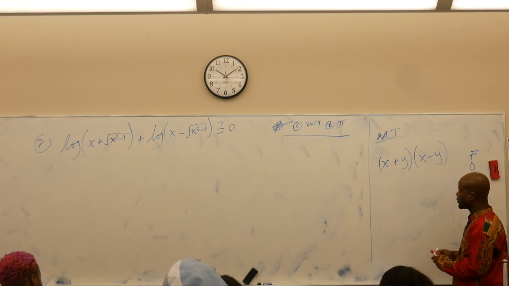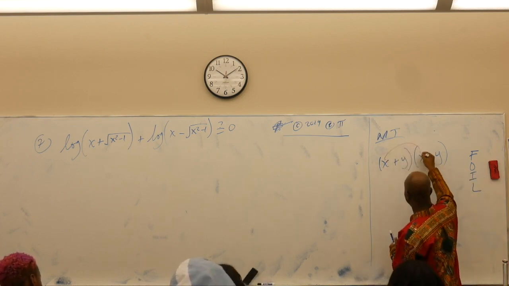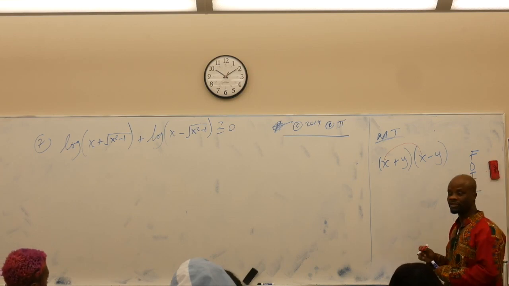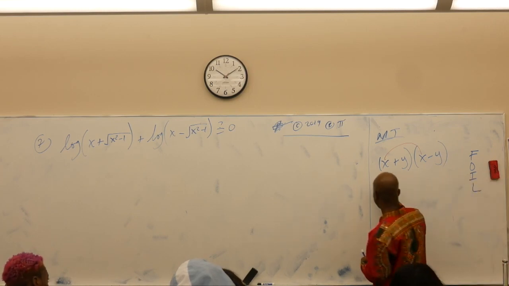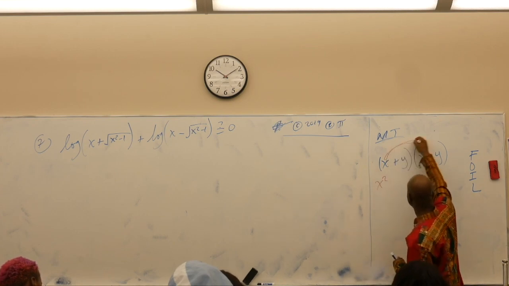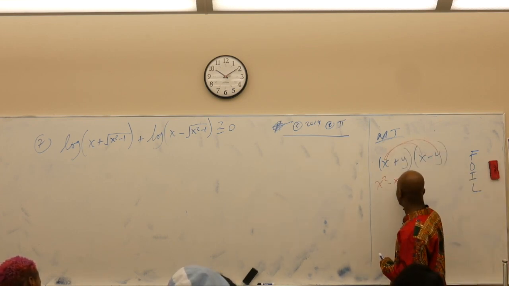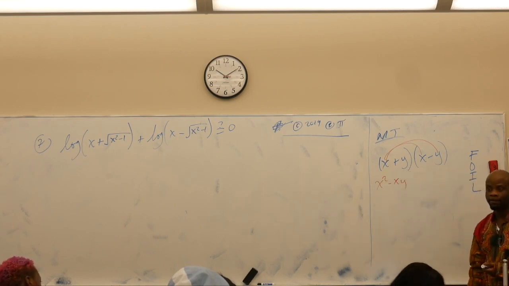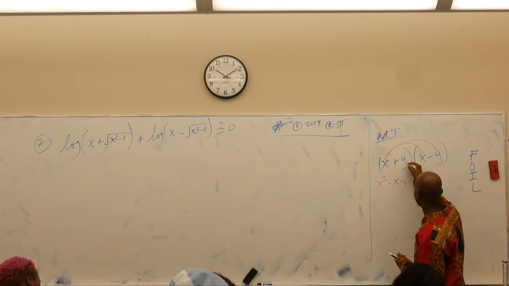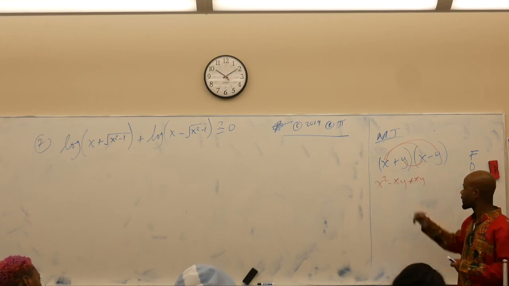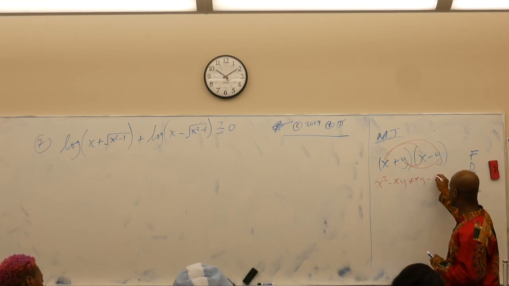So we said this times that, correct? What's x times x? x squared. And then this times that, what would that be? Negative xy, right? And then we distributed that. We also had an xy, but this time positive.